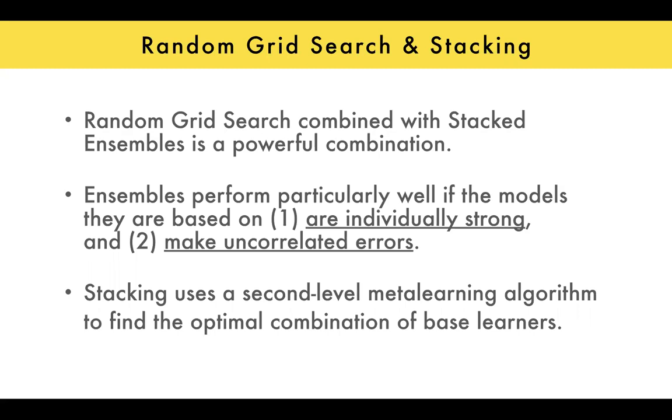That's why we combine random grid search with stacking: we're getting something kind of random, and that helps the ensemble learn. Basically ensembles perform well if the individual models are strong, but maybe they fail in different ways. So maybe you have a deep learning model and a random forest, and those probably fail in different ways, so they're good if you combine them together.